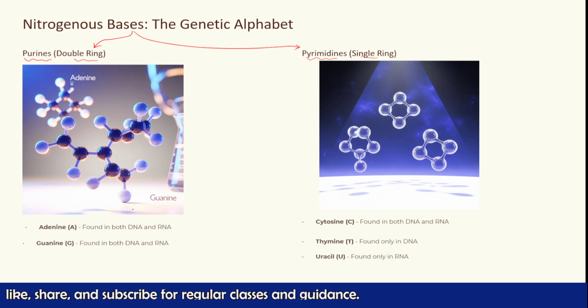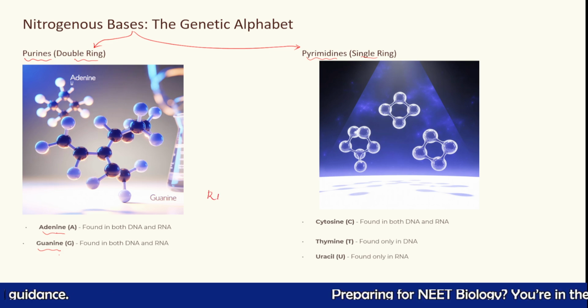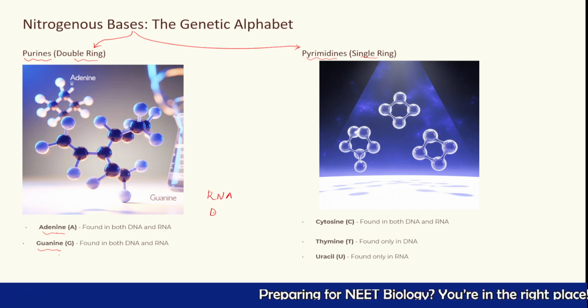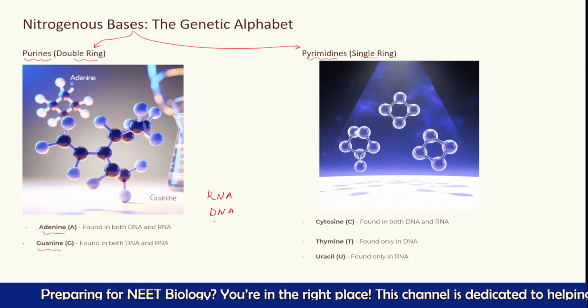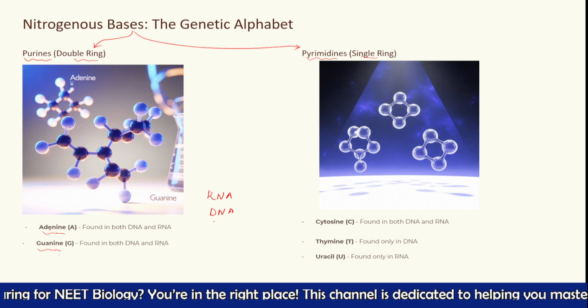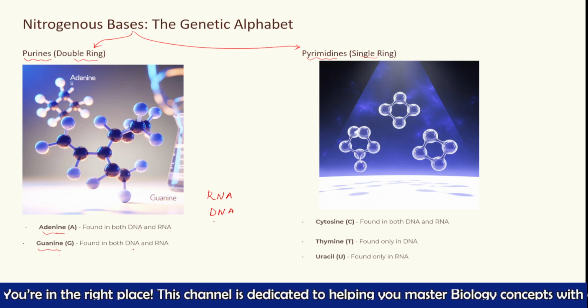Purines are of two types, adenine and guanine. Remember adenine, guanine. When you check both nucleic acids, in RNA and DNA, both adenine and guanine are present.